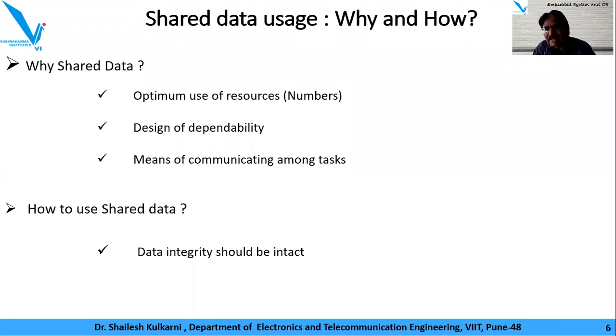Getting my point? So data integrity means that the way in which the data is used, or the value of that particular variable, should be intact, and should not be altered by the shared resources in a way where it would give some wrong inference or wrong significance.